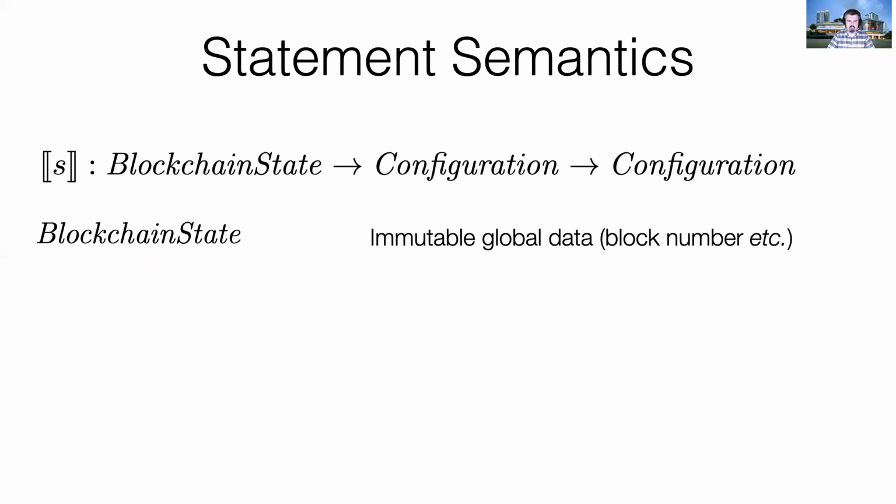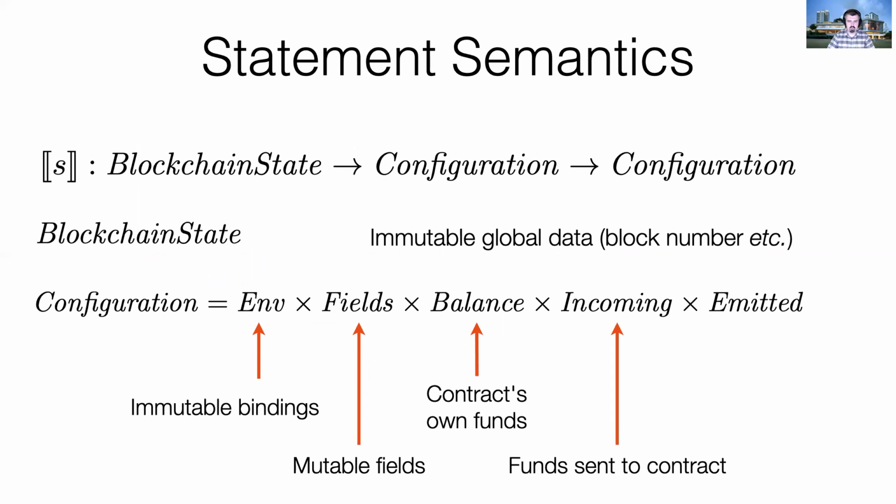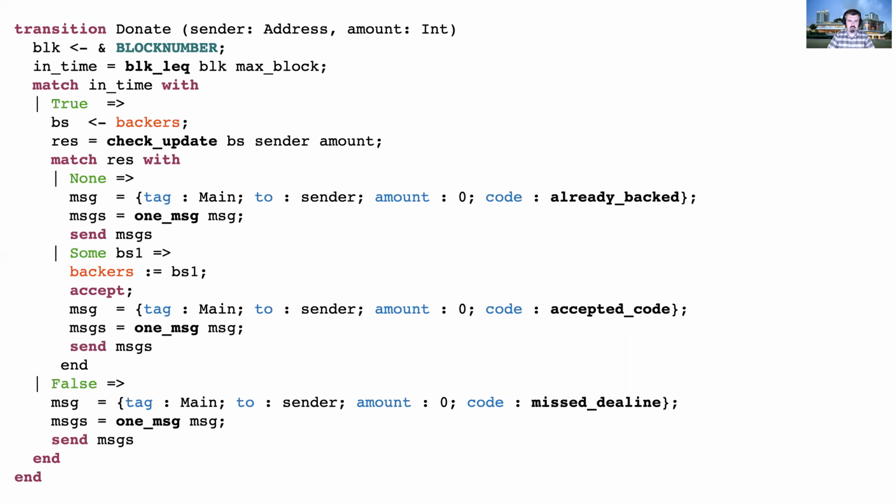And finally, what exactly is the execution of this? The execution assumes that the contract operates in the presence of its own state and also the state of the blockchain. And the result of its execution is the new balance, new state, and new messages to be sent to other contracts. So this is a fragment of the crowdfunding contract developed in Scilla.